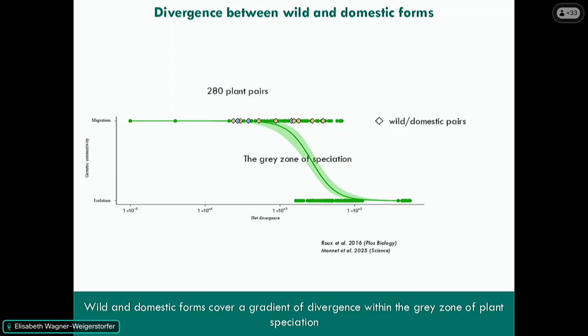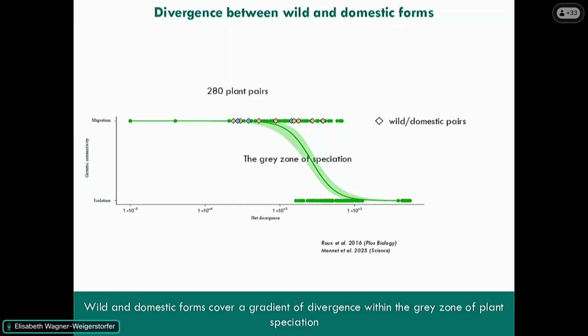What I found really interesting, the idea here, is not to use domestication as a model to study speciation, because domestication is not a speciation process, but rather to use domestication to better understand the setup of reproductive isolation and early barriers to gene flow, with a gradient of divergence that covers this gray zone of speciation.